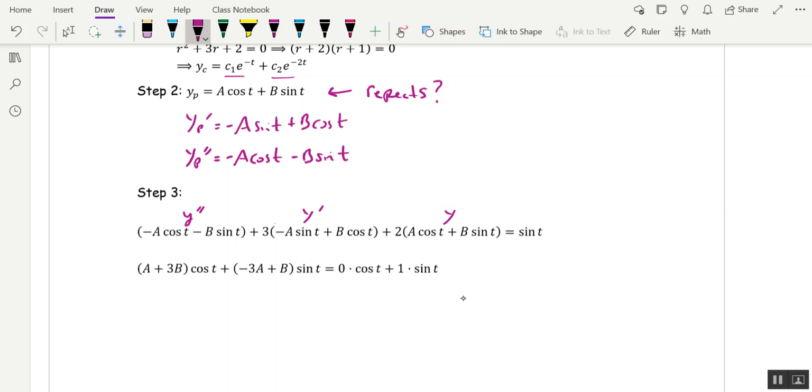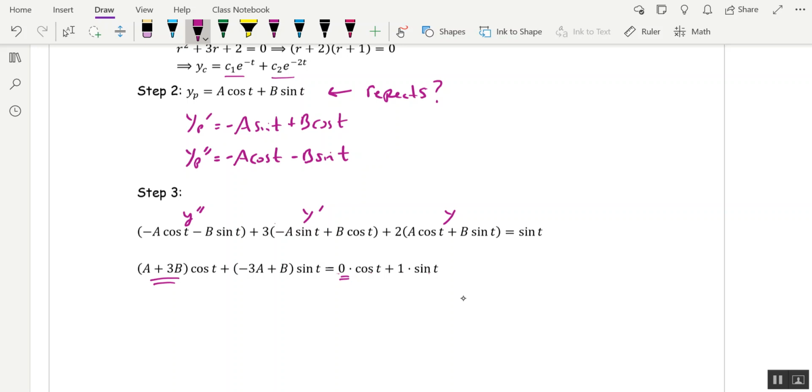And then on the right, I've got sine. I want to think of sine as 1 times sine plus 0 times cosine, because again, I'm going to equate coefficients. The coefficient of cosine on the left will be equal to the coefficient of cosine on the right. I said left and right, but I pointed to different directions. Sorry about that, but you get the idea.